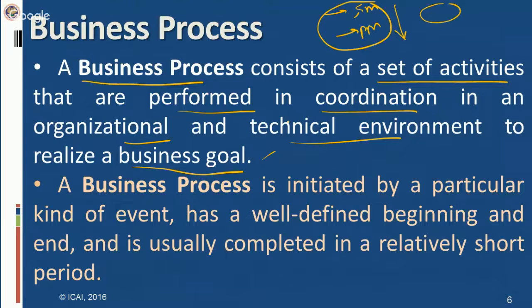A business process is initiated by a particular kind of event, has a well-defined beginning and an end, and is usually completed in a relatively short period. That means there has to be certain input, some processes need to be defined, and there has to be certain output, and that output of the business process should provide the desired result for which an enterprise has gone for the initiation of the business process.